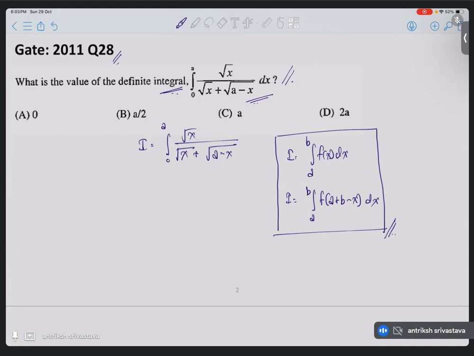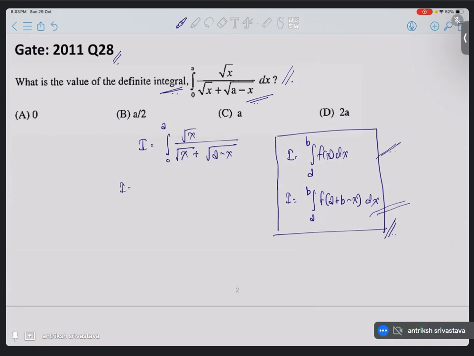And a lot of the times this property also is written as 0 to a f of a minus x dx. So that's just b, or the lower limit being 0 in this case. So we are not going to add one more formula. We will just stick to the original formula, and we are going to look at this equation.